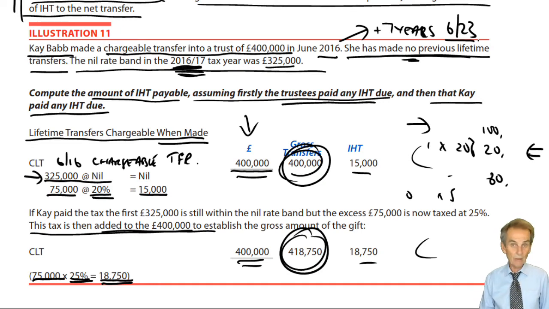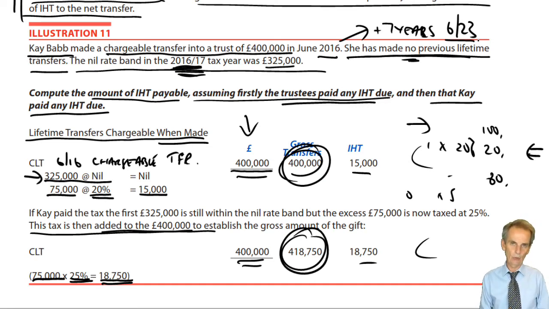It means whatever figure of CLT chargeable transfer you get next time, it will all be taxable. The only question again is who's paying the tax. So to that figure, all of the chargeable transfer, do I tax it at 20%? Do I tax it at 25%? So again, this cumulative donor-based tax principle comes into play. We cannot look at individual PETs in isolation.